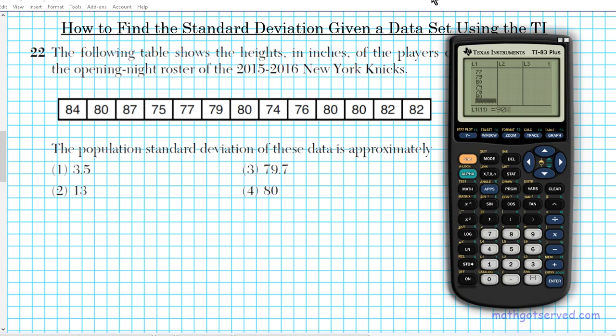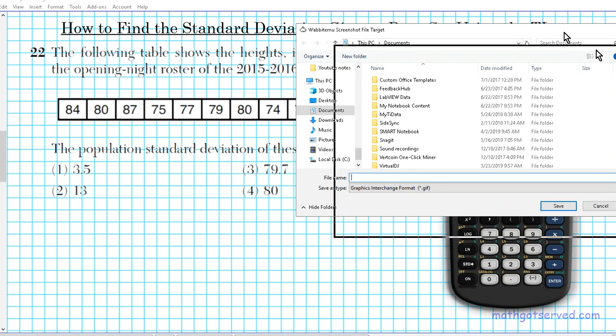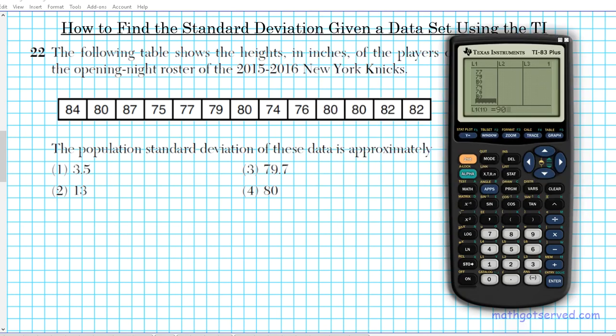Oh wait, I did 90. So 82, enter, and 82.